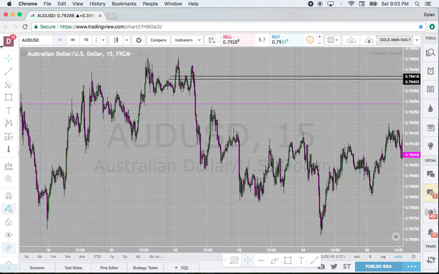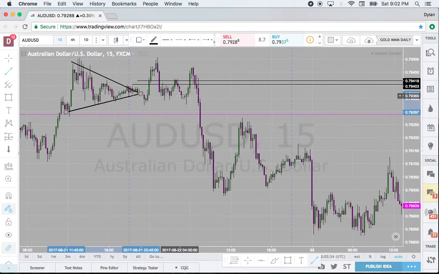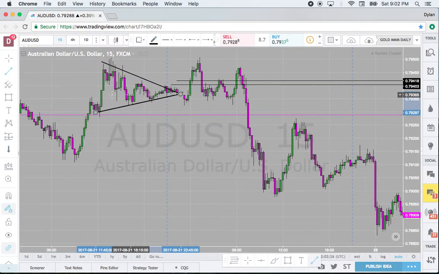Can you spot it? Right here. Wedge formation, breakout of the wedge to the high, in this case the high of the previous day.